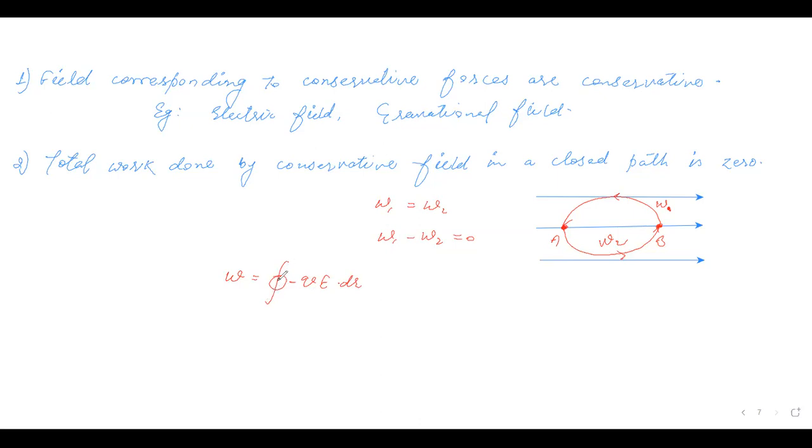Are you clear or not? This circle on the integral sign represents that the integration is carried out with respect to a closed path. Integration with respect to a closed path of minus QE dot dr will be 0, because work done is 0.